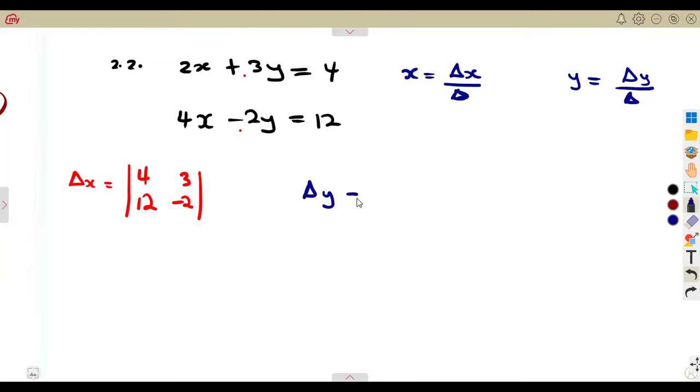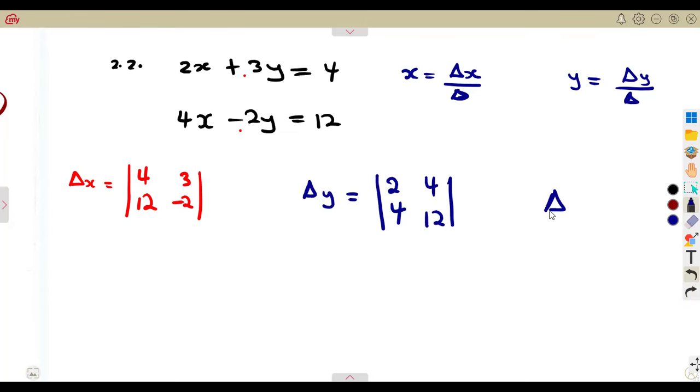This time we close the part of y and substitute with the constants. The part of x is not affected, so we take it as it is, 2, 4. But once you move on to the part of y, you substitute that with the constants, 4 and 12. So that will be 4, 12.